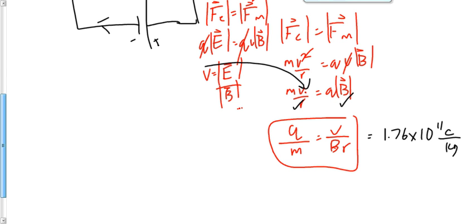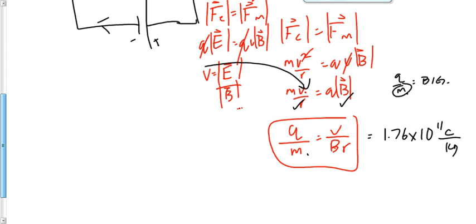If this charge to mass ratio is bigger than any other charge to mass ratio that exists, then that must mean the mass is, if Q over M is big, then that must mean M is small.